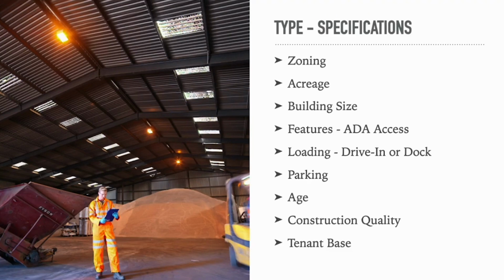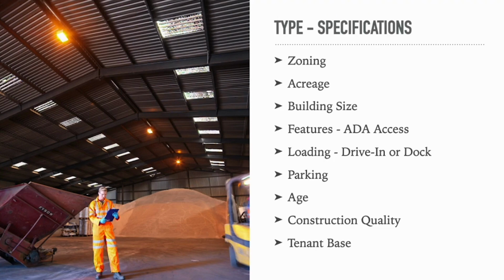Very important is the properties that I'm comparing my client's property to. Do they have similar zoning, or are there zoning restrictions in place that affect the value adversely? How much acreage the property has, building size, features such as ADA accessibility, loading, is it drive-in or dock access, how much parking does the property have, what's the age, construction quality, what's the overall tenant base of the property.